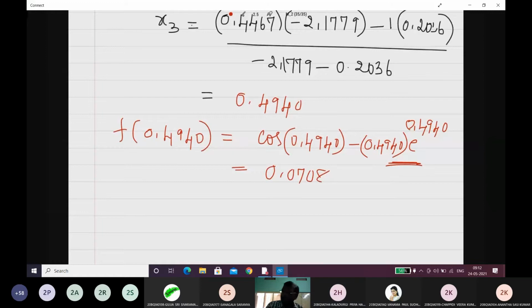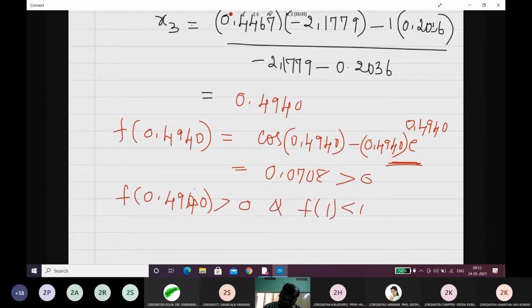Yes, sir. Now this is also positive. Hence f of 0.4940 is positive and f of 1 is negative.